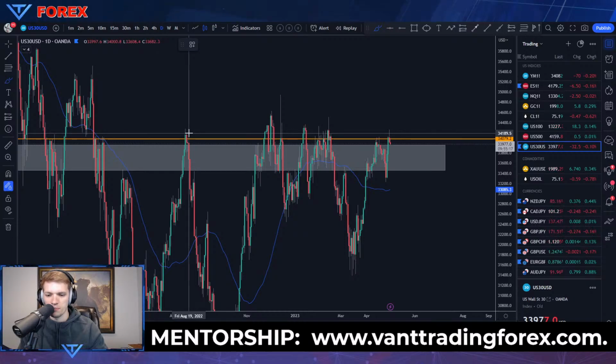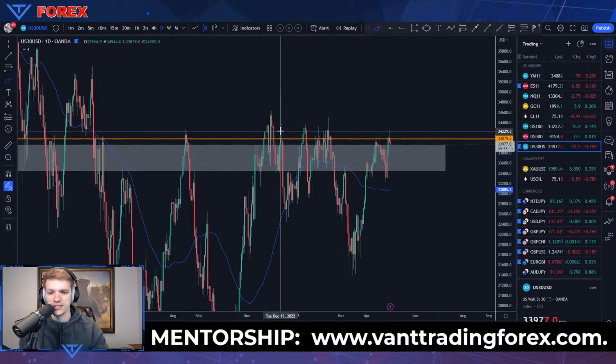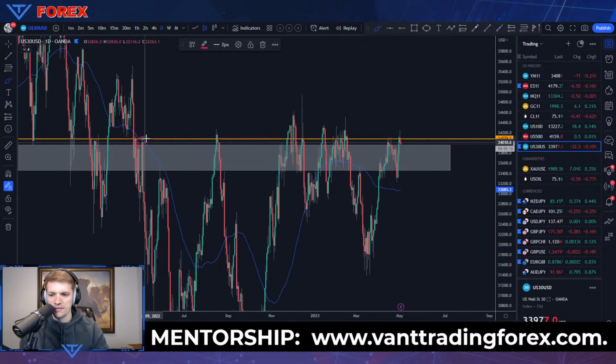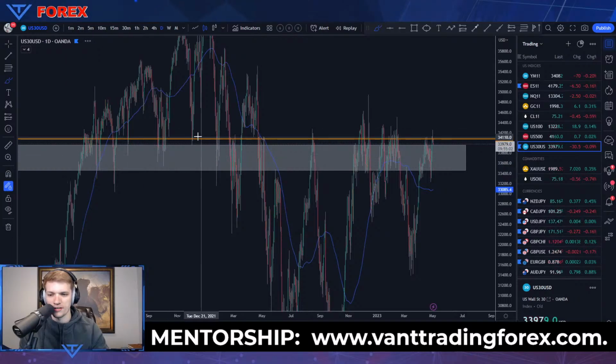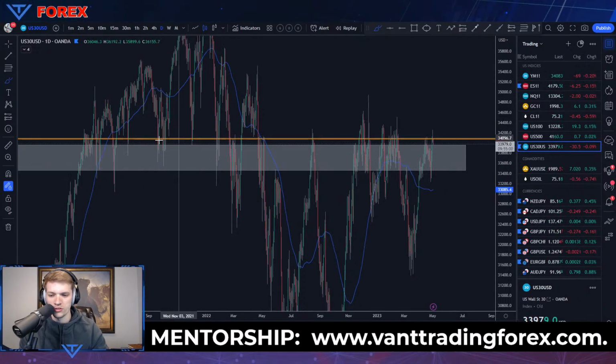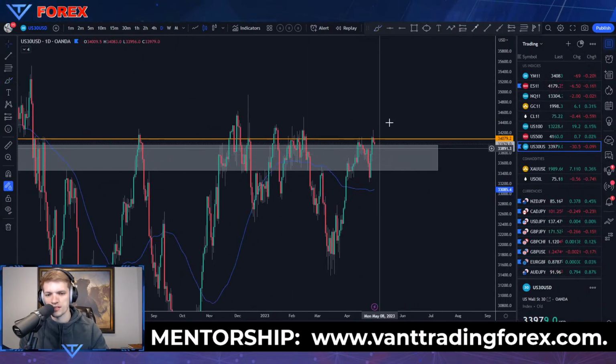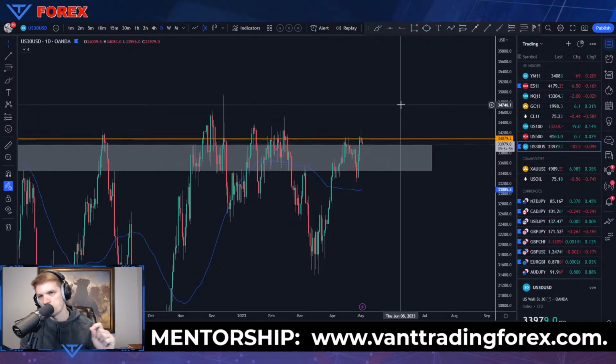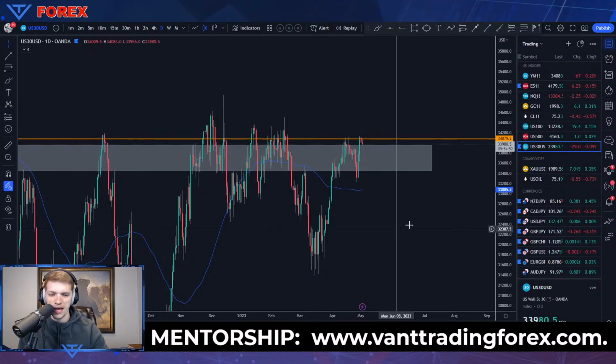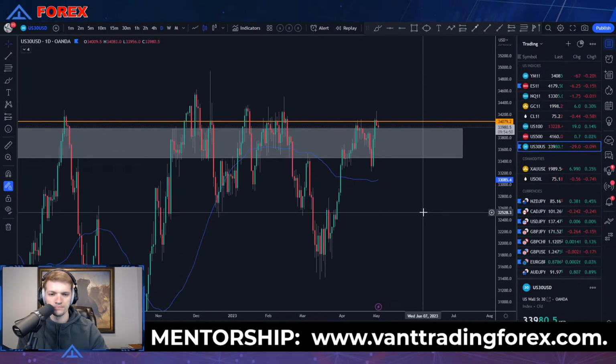It's a pivot point back from August of 22 where we saw very heavy selling volume come into play. Pivot point back in May of 22, a lot of selling pressure. Pivot point in March of 22, selling pressure here. Rejection in 20. Long story short, this is probably the most important area to trade off of on the Dow in the last couple of years.